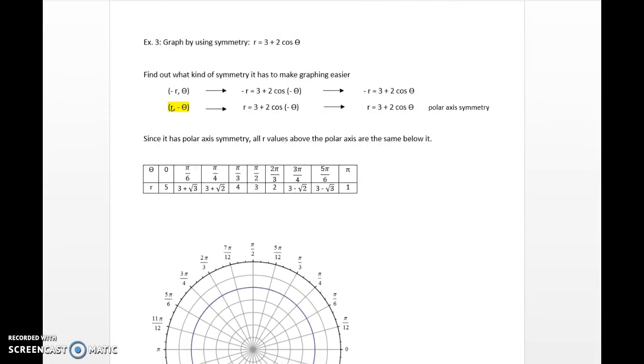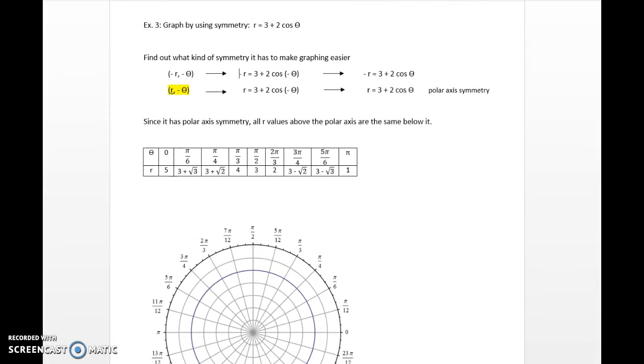Let's look at example 3. We want to find out what type of symmetry it has. The equation is r equals 3 plus 2 cosine theta. So first I'm going to check, does it have symmetry about the line theta equals pi over 2? In order to do that, r is negative and theta is negative. So plugging that in, you get negative r equals 3 plus 2 cosine negative theta.